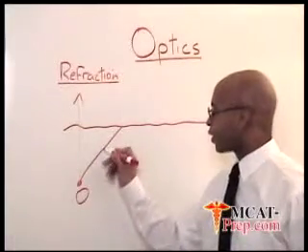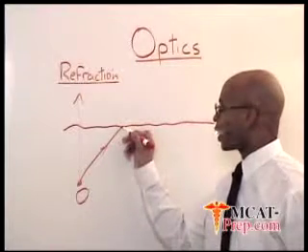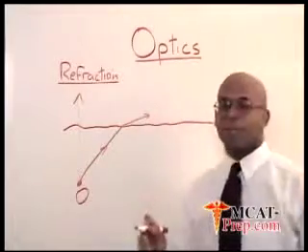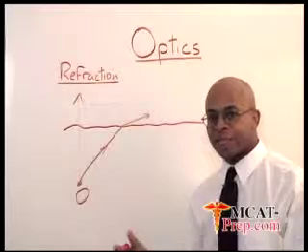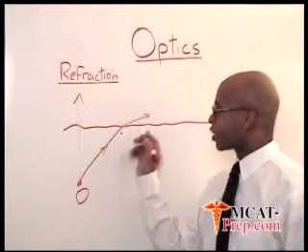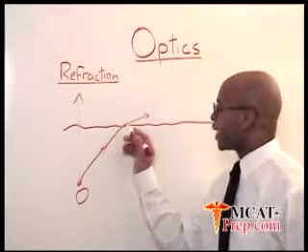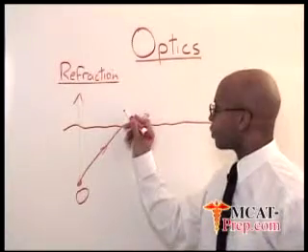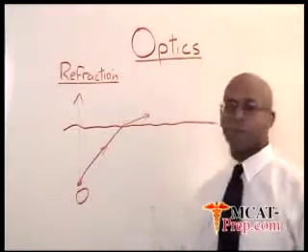A light ray coming off at this angle, incident to the surface in this manner, part of the light ray would be refracted because it's going into a medium which has a smaller index of refraction. Then the angle of refraction will be greater than the angle of incidence, and therefore the refracted ray is refracted away from the normal line as it's going into the lighter medium.